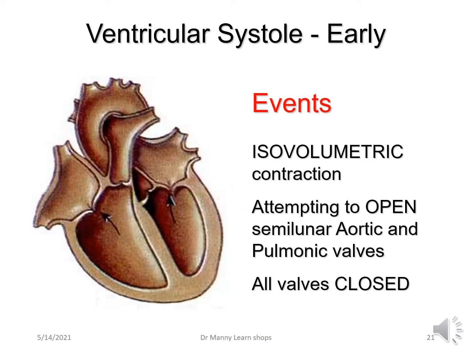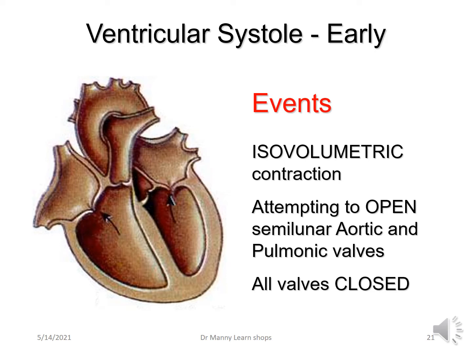Then you've got ventricular systole. And as I said, systole is emptying, systole is contraction. And the events that occur during early ventricular systole are isovolumetric contraction. This is where the heart starts to put on pressure to itself to try and open the aortic valve in particular and the pulmonic valve.